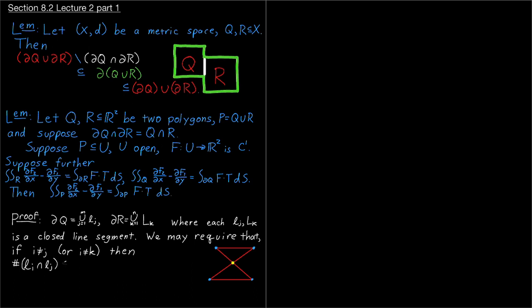We can write that as the number of points in L_i intersect L_j is at most 1. The number sign just counts the number of points in this set. So this is a set containing at most 1 point.